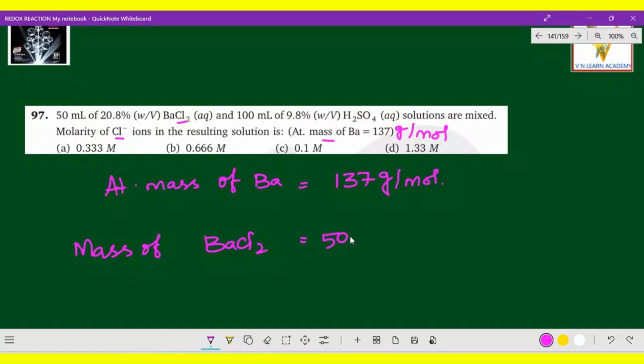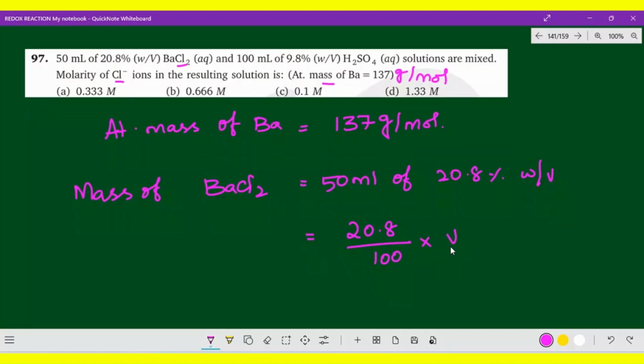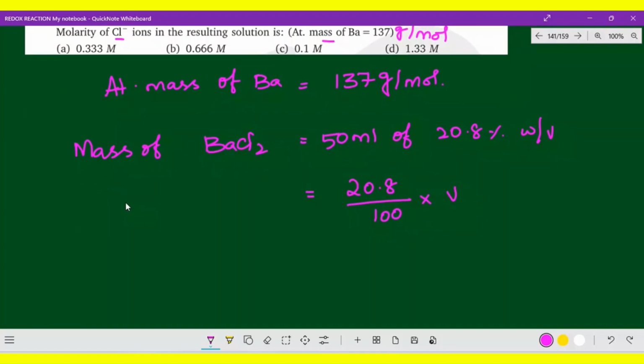Here 50 mL of 20.8% weight by volume. So how to convert it? Actually, 20.8 divided by 100 into volume. That is volume into percentage, or mass into percentage. That is the way we can identify. The volume is 50 mL.